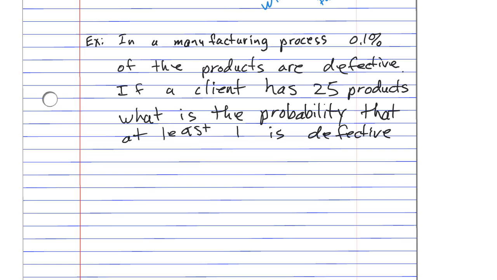Now remember what our equation is. P of x is equal to n choose x, p to the x, q to the n minus x. So now here's what we want. Let's write down the idea of winning. The winning part is a defective product.